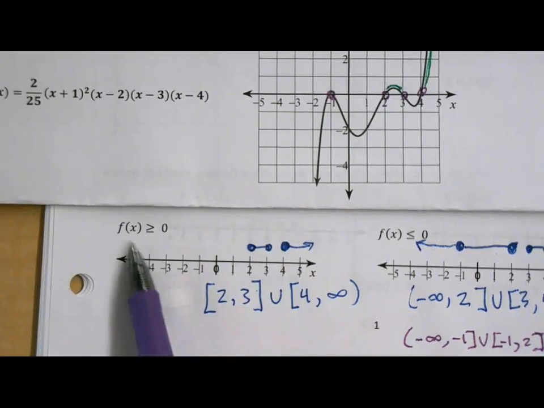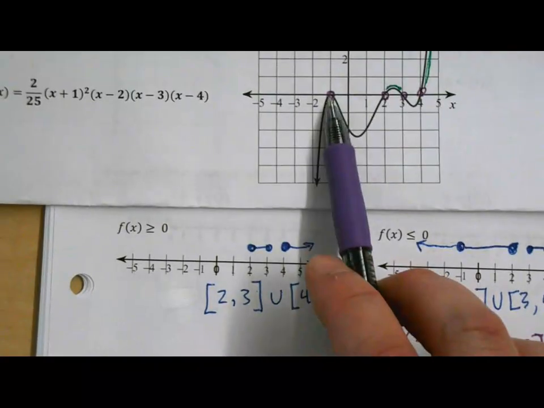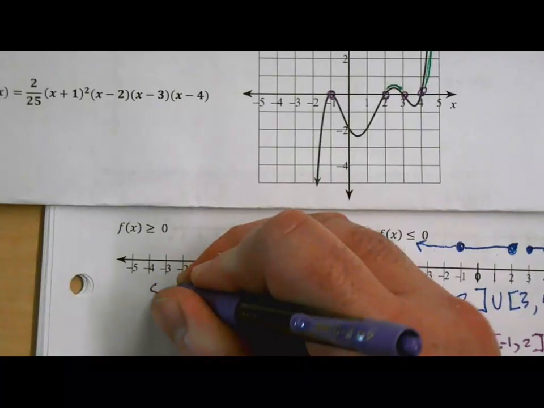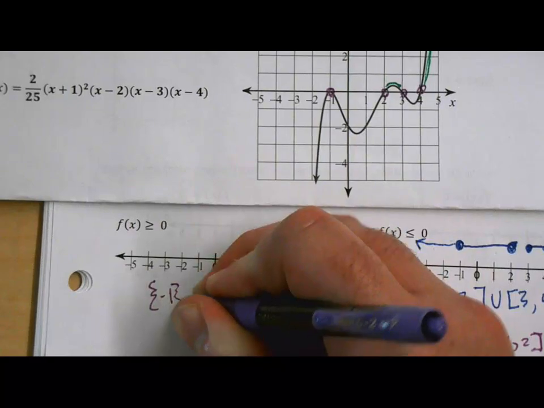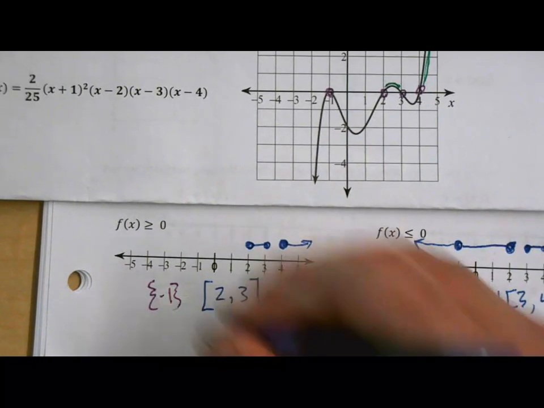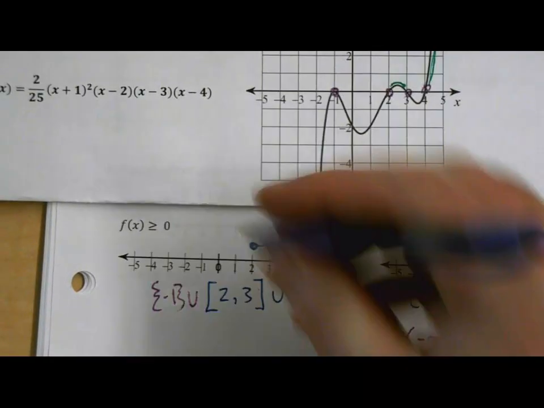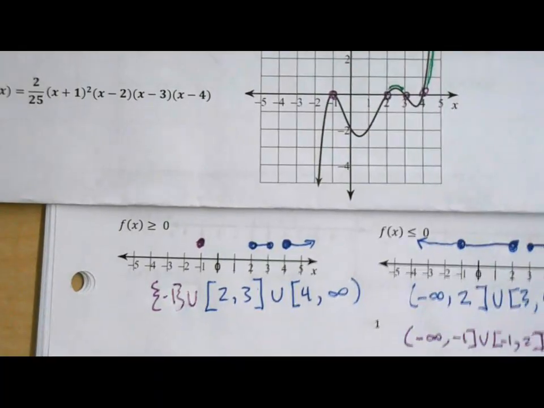Because this says find all the x values where y is greater than or equal to 0. It's equal to 0 right here, just at that singular point. So this would be an example of a place where we would use those curly braces. It's not an interval. It's a singular point at -1. Tricky, tricky.